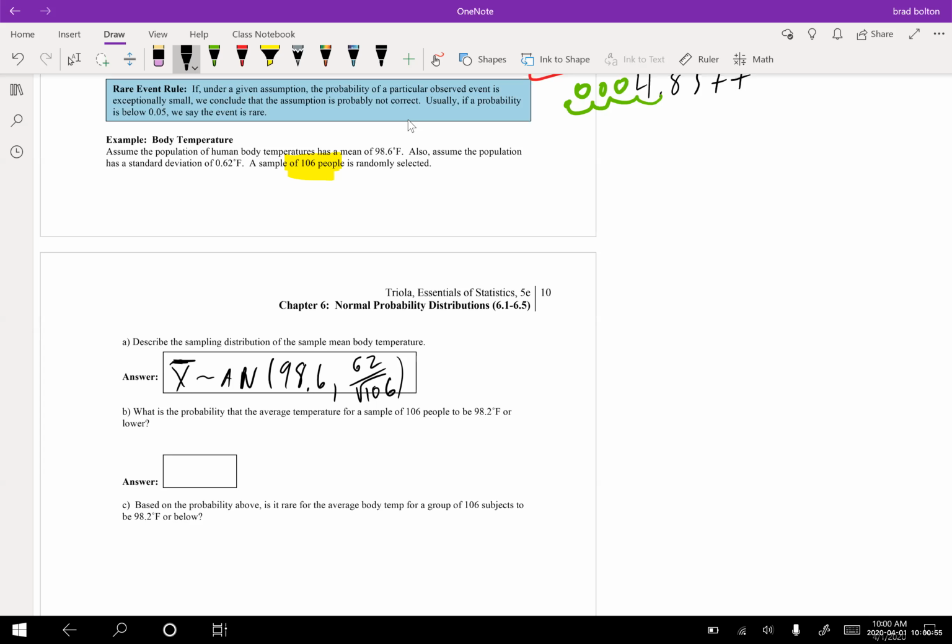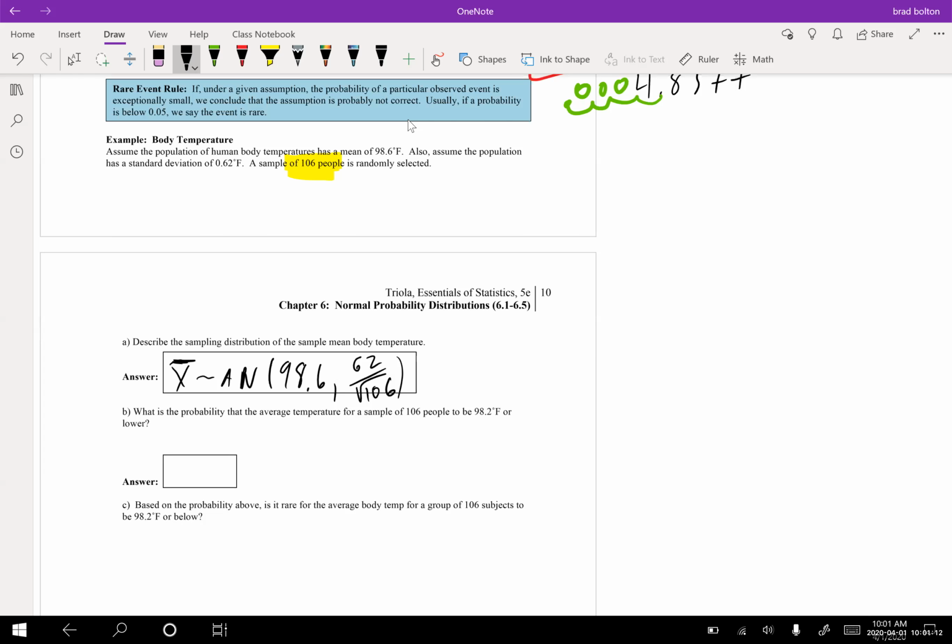So it says, what is the probability that the average temperature for a sample of 106 people is 98.2? So that means you take 106 people and you find their average. What's the chance that that average is 98.2 or lower? Okay, so that means below, right?